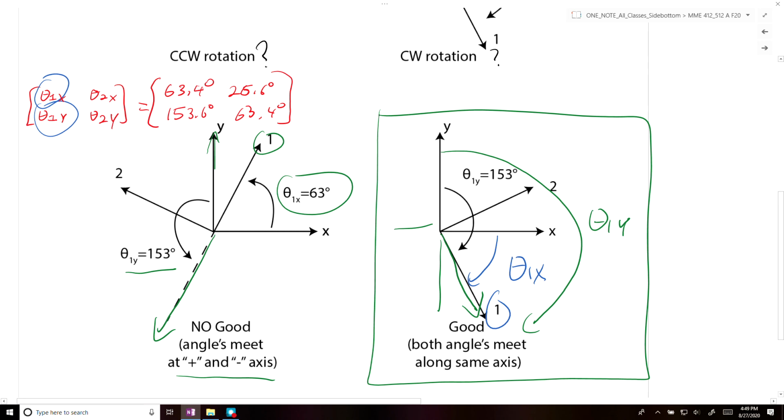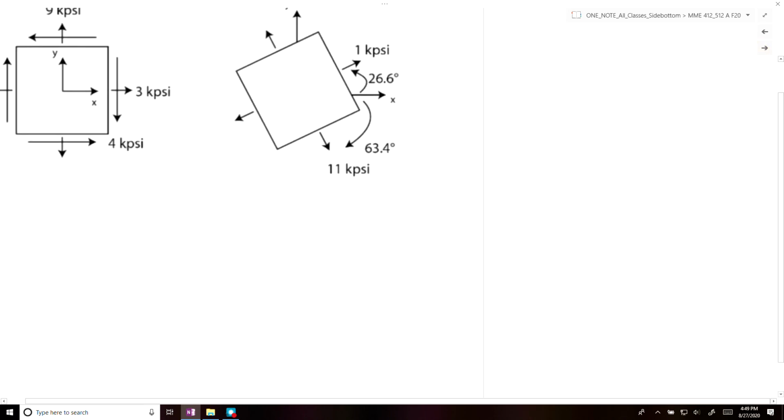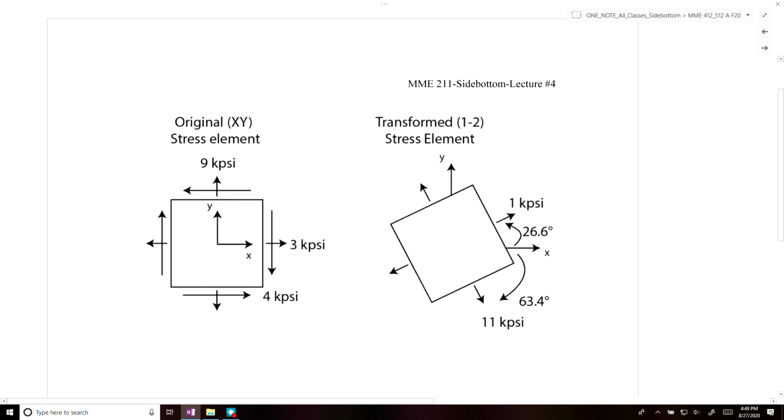After all this work from our example problem, our final stress element looks like the following. We started off with our original state of stress, where we had our normal stresses sigma x, sigma y, and tau xy.